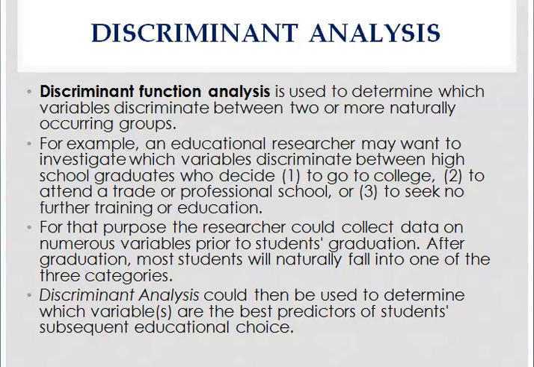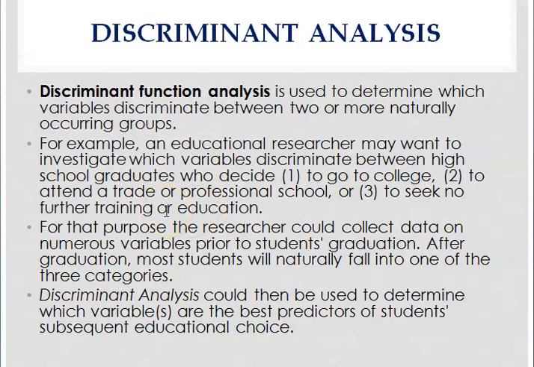For example, an educational researcher wants to investigate which variables discriminate between high school graduates who decide, first, to go to college, second, to attend a trade or professional school, and third, to seek no further training or education.